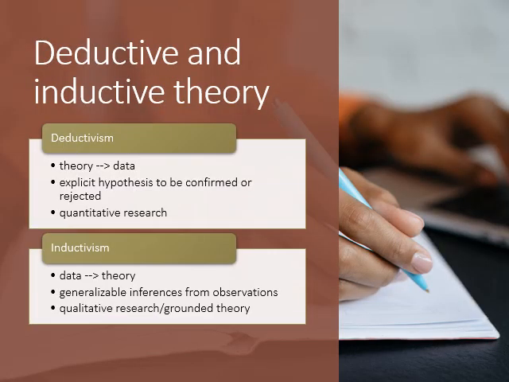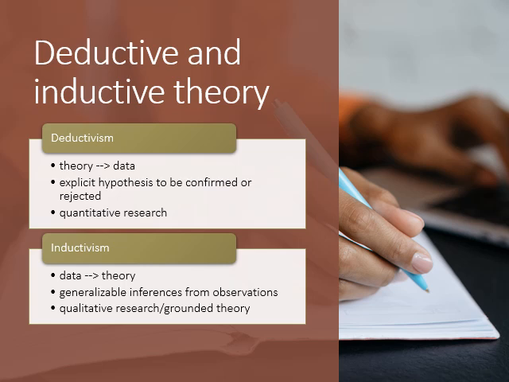So this slide is contrasting two fundamental approaches to research and theory development, deductivism and inductivism. So deductivism starts with a theory or a general principle, and from there, researchers derive specific hypotheses, and then these hypotheses are tested against data. So the process involves confirming or rejecting the hypothesis based on the evidence.